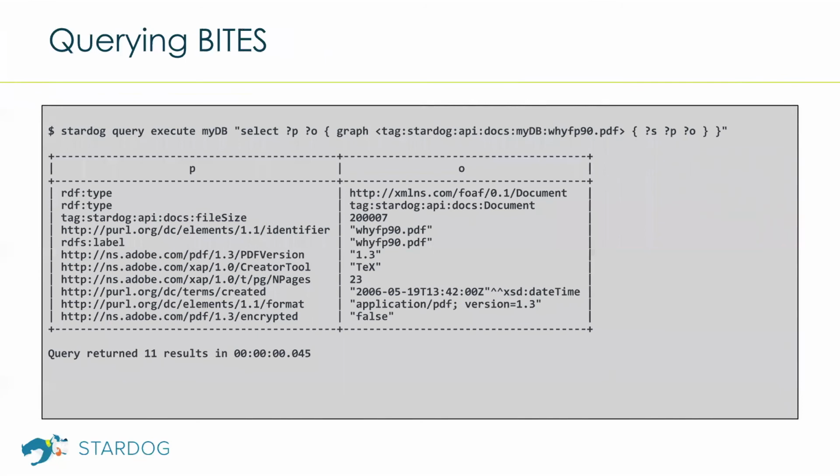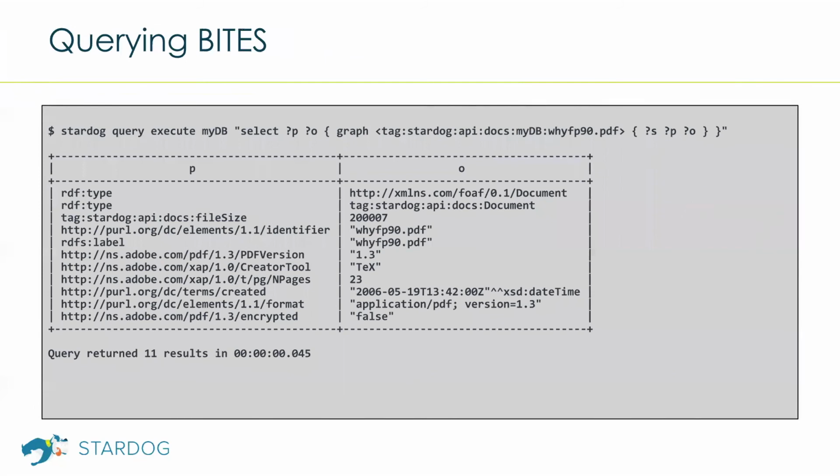You can query Bytes the same way you query really any named graph. We're just writing the query against a named graph that has this special docs tag URN attached to it. So this is the yfp90.pdf. We'll say that we loaded that document into the Bytes system.